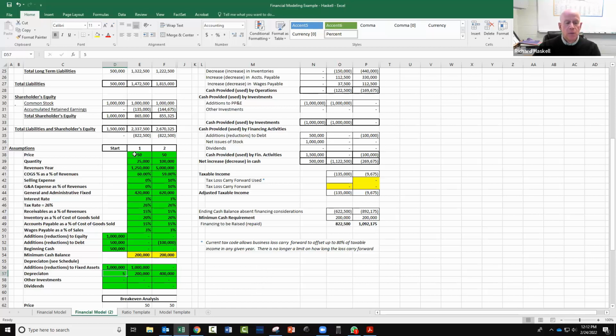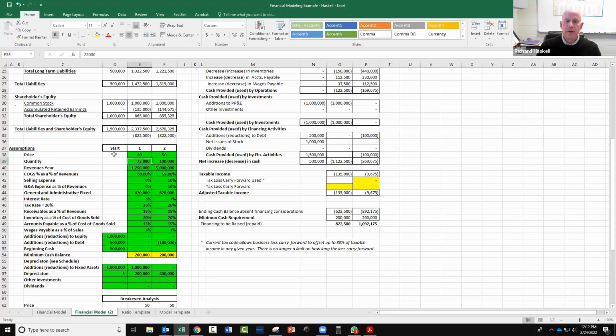So then, we also have some starting assumptions that we believe we're going to create and sell a product for $50 a unit. And we believed that we could do maybe 10,000 units a month in the first year or two, but we went ahead and said, realistically, in the first period, which is a year, we're only going to forecast 25,000 units.